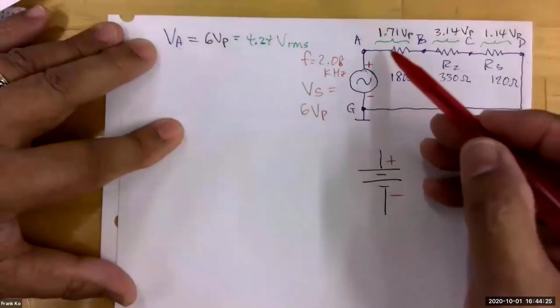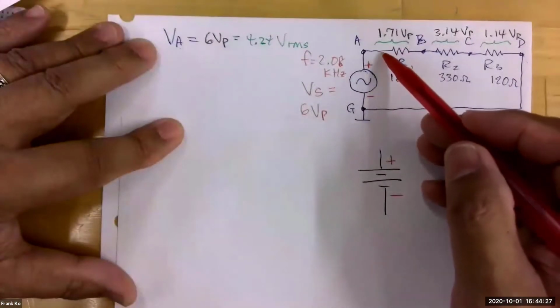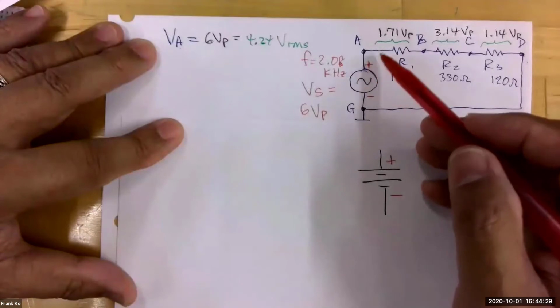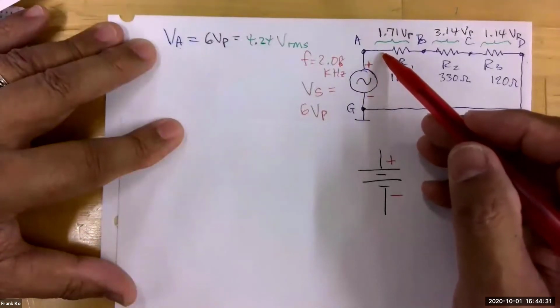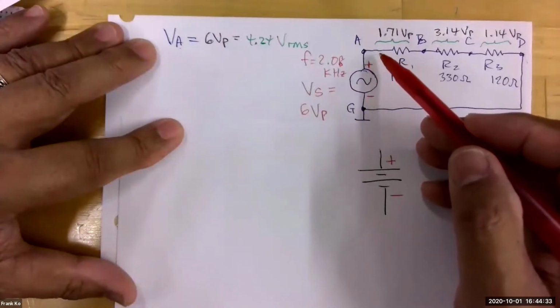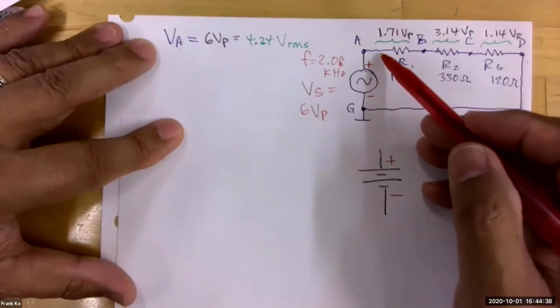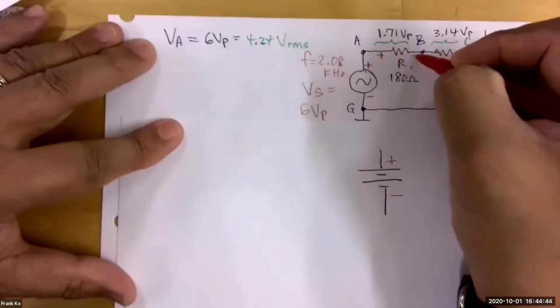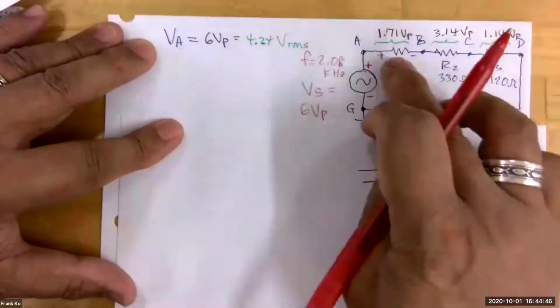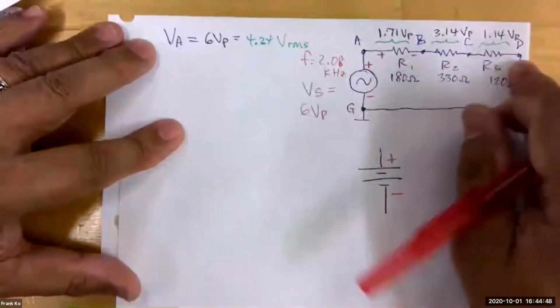That being said, this lead of R1, which is closest to the positive side of the source, shares that polarity. So this side of the resistor should be what polarity? Positive. This side should be positive, and the side over here should be negative. So that sets up the polarity pattern for the rest of your resistors.